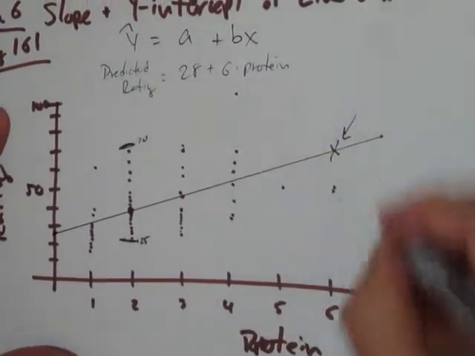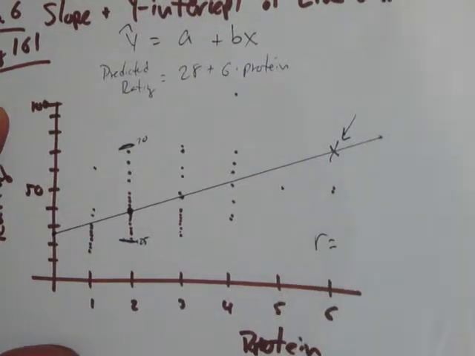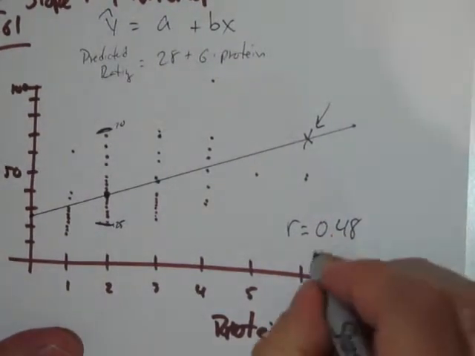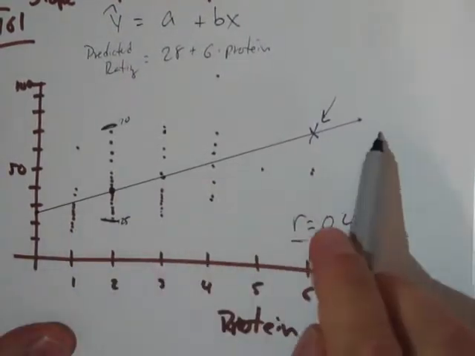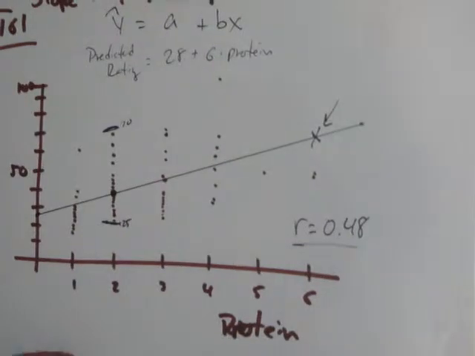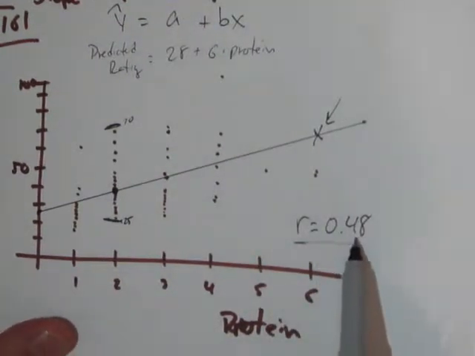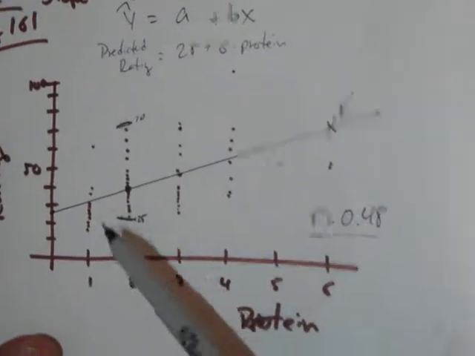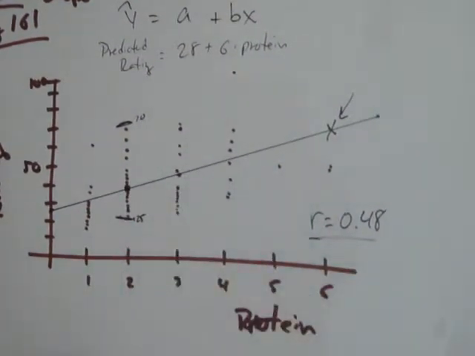They tell us in the book that the correlation coefficient for this is 0.48. That makes sense because it is positive: as protein increases, rating increases, in general. But it's fairly weak, only 0.48. If it was like 0.9 or 0.8, the dots would be closer to the line.